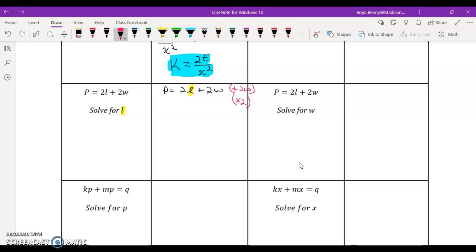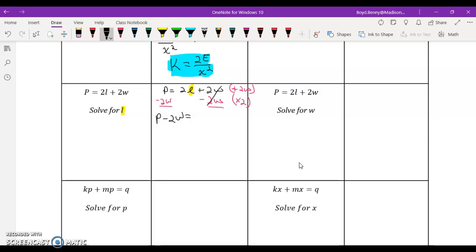So let's see. We can go about this one of 2 ways. I think to begin with, I'm going to subtract the 2w from both sides. Now, that's going to eliminate this 2w on the right-hand side. And on the left-hand side, I can't subtract 2w from p because they're not like terms, but I can write it as one concise expression, p minus 2w.